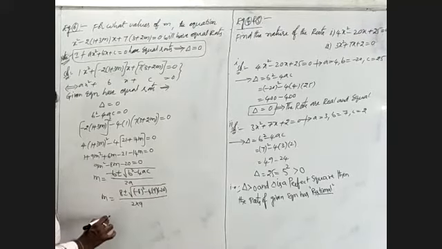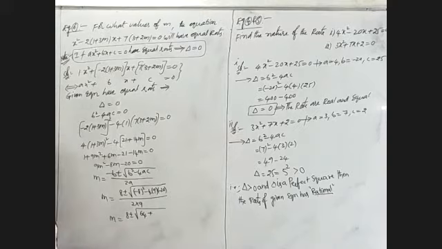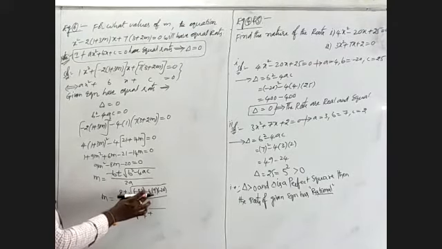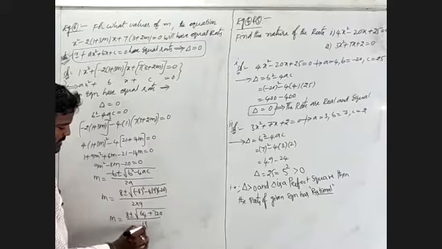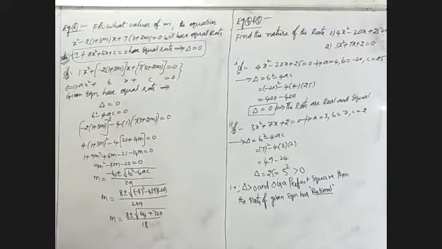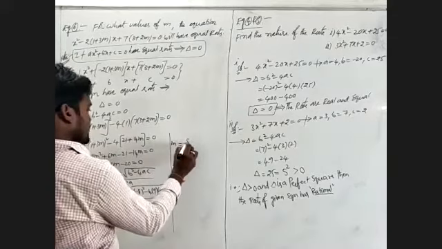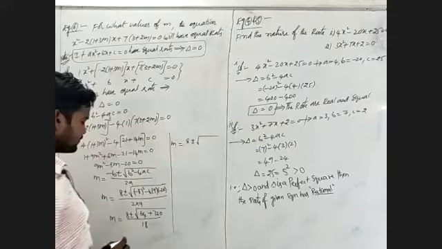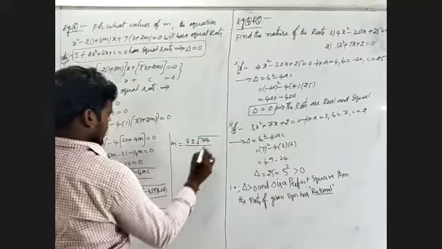That is m is equal to 8 plus or minus root of 64, minus into minus becomes plus, 720, by the denominator 18. So m is equal to 8 plus or minus root of 784 by 18.